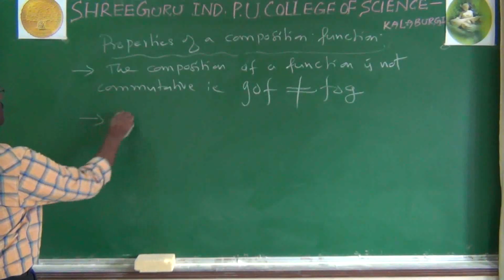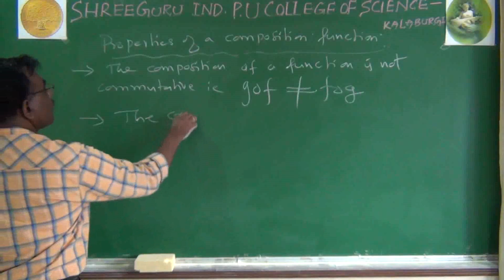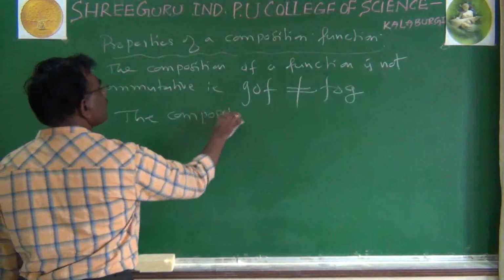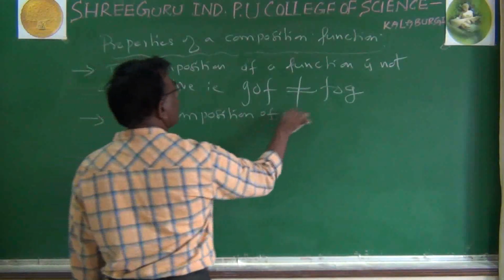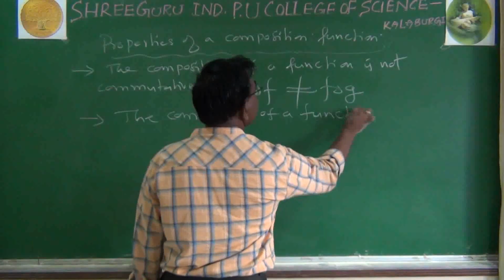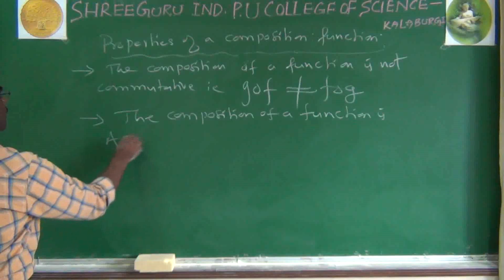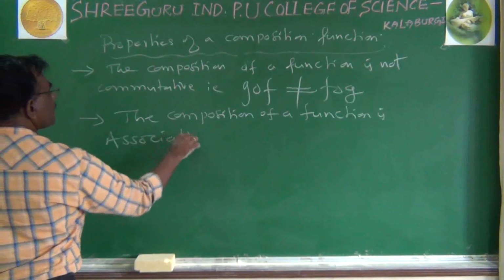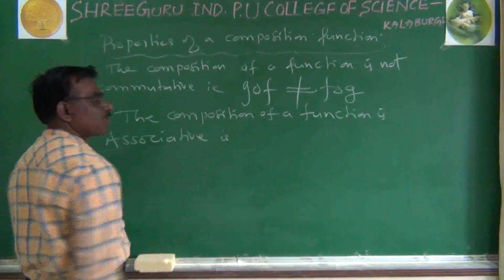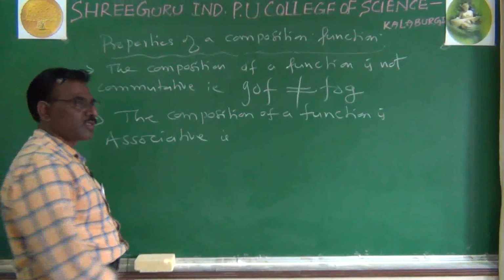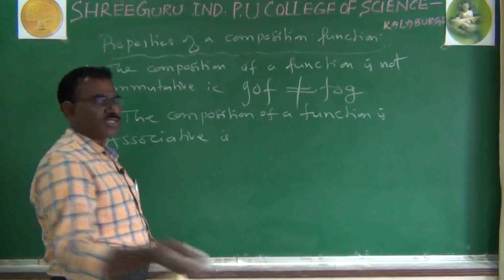And the second one is that the composition of a function is associative. That is, you take three functions f, g, h.